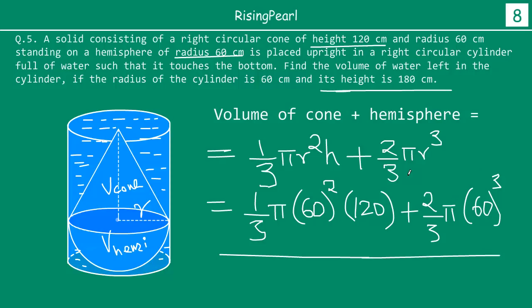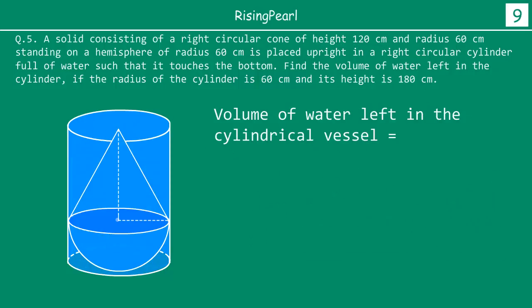Then whatever value we obtained earlier, we use that and subtract this value from it, and that will give us the volume of water which is left in the cylindrical vessel. So this will be the volume of water that we found earlier, which is equal to the volume of the cylinder, minus the volume of solid that we would have gotten from the last step.